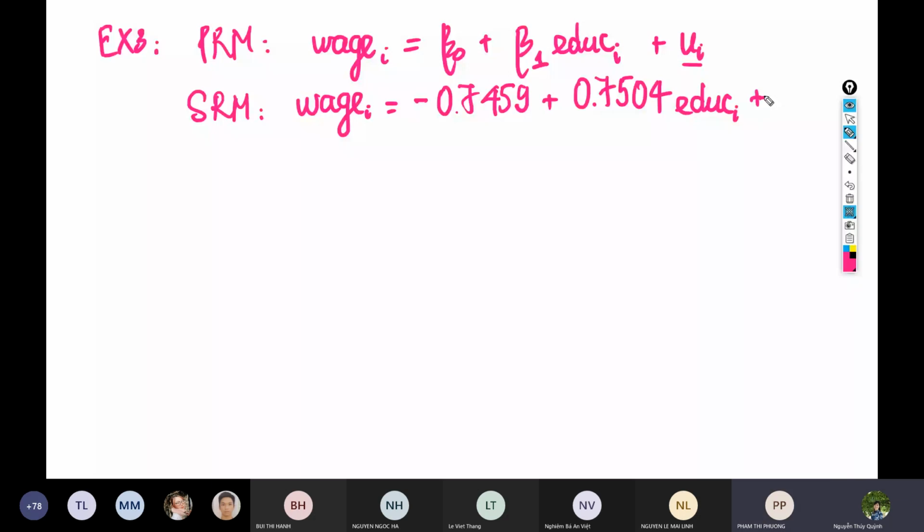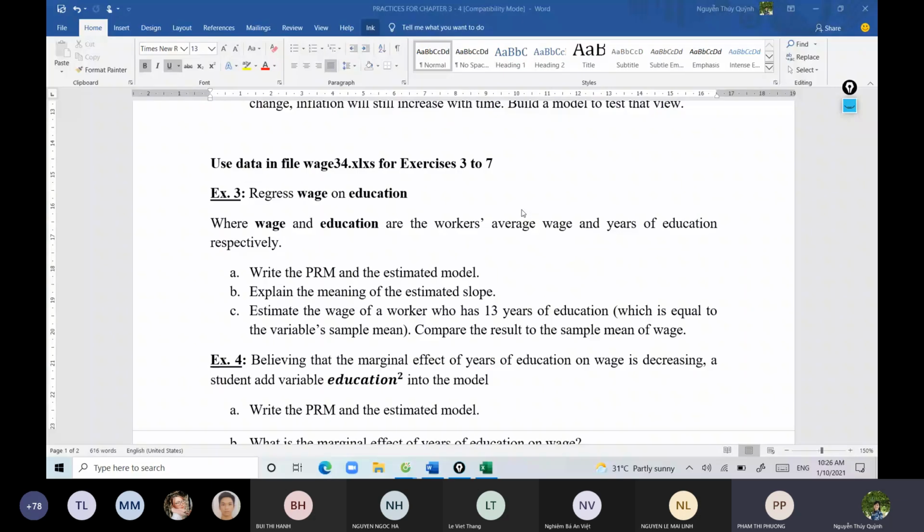Okay, all right. So this is our sample regression model, or the estimated model.